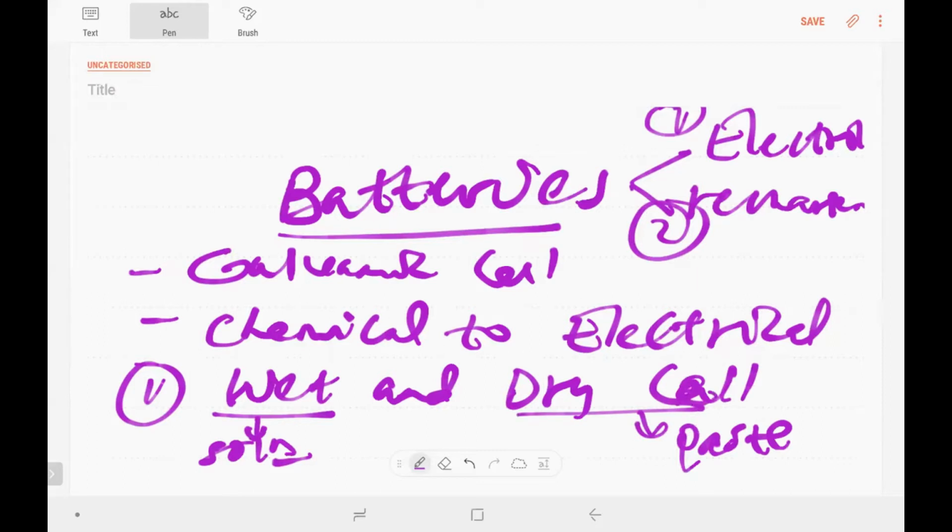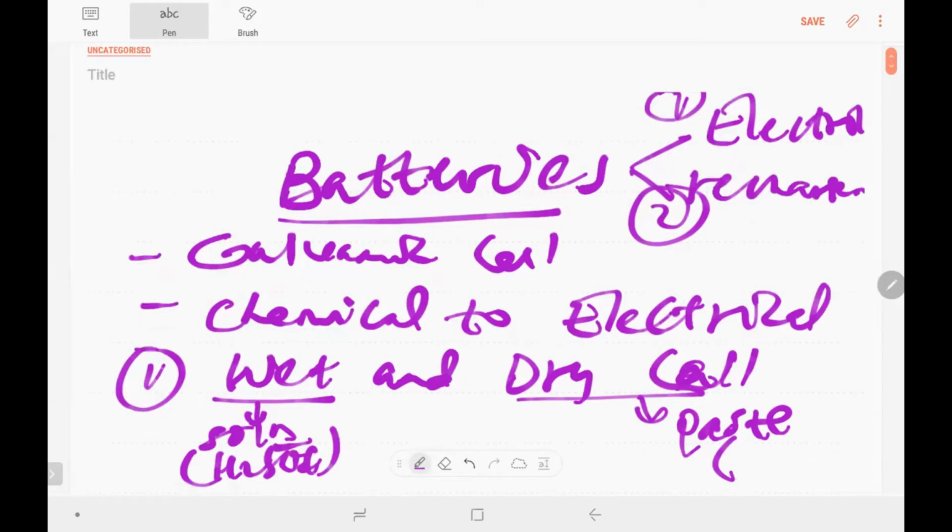Why? Because in car batteries, the electrolyte is sulfuric acid, H2SO4, in solution form. But paste means what? For example, if you take a mobile cell and open it, there is nothing flowing inside. It is not in solution form. Rather, the electrolyte is in paste form. So it is an example of dry cell.